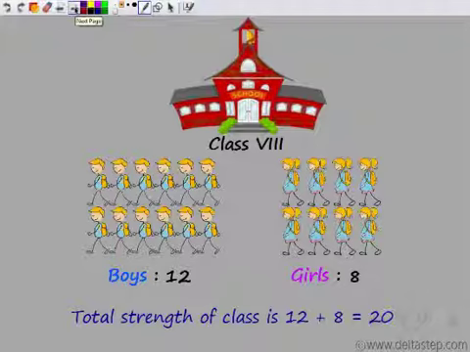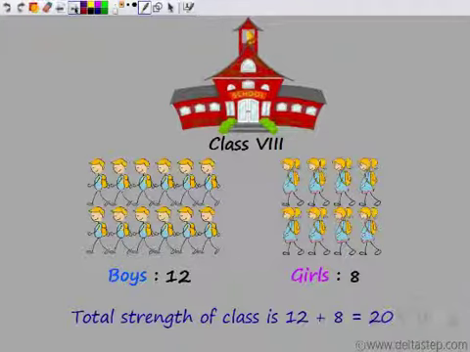Let us say there's a school in which there's class 8th, which has 20 students. Out of those 20 students, there are 12 boys and 8 girls. So total students in class 8 would be 12 boys plus 8 girls, which is 20, the strength of the class.